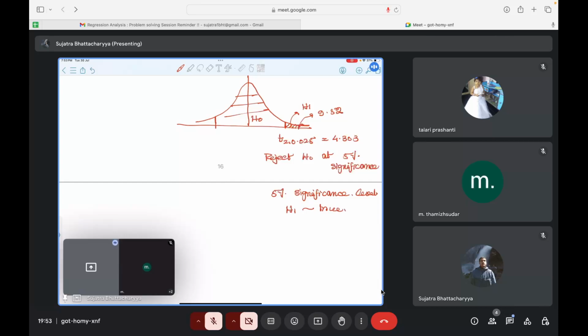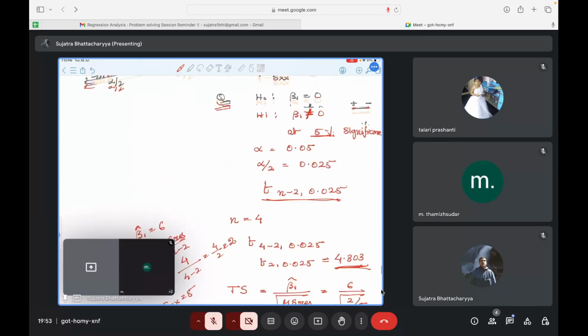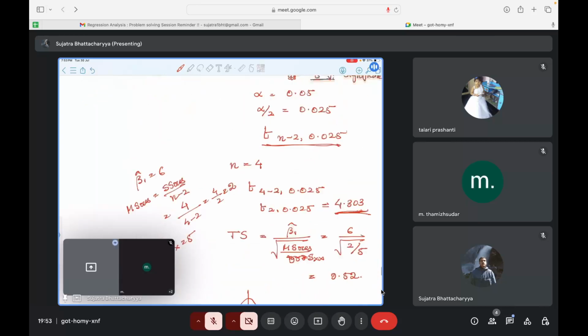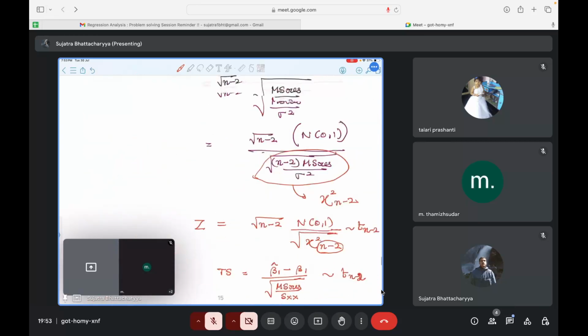H1 is true means beta 1 is significantly not equal to 0. And we know that beta 1 cap we have got as 6, so it is quite relevant. We can see that it is following the pattern. So this is how the hypothesis testing has to be done.